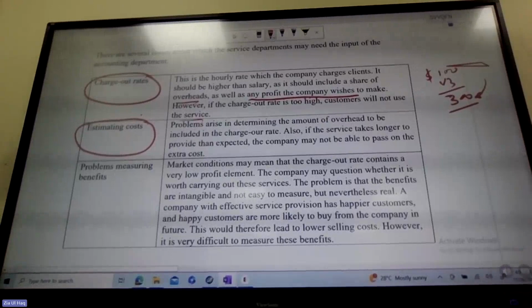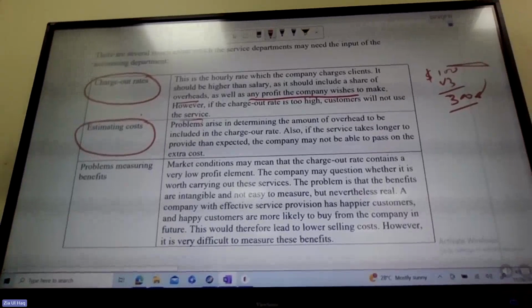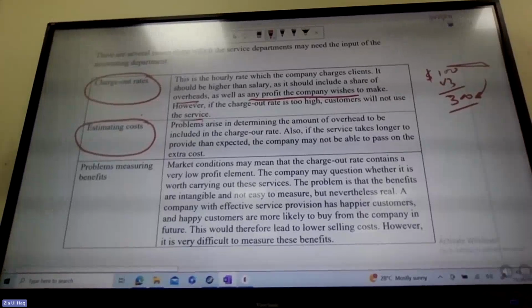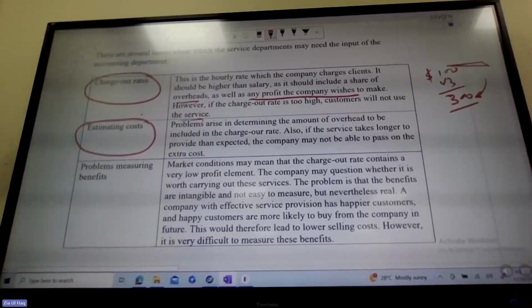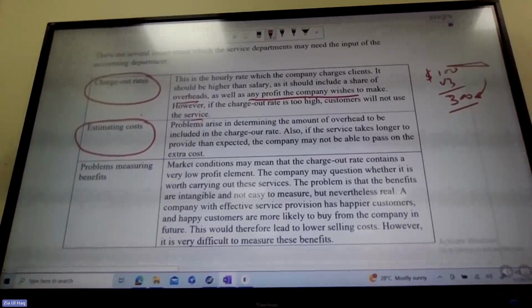Then the accounting department, according to those hours obtained from the service provider, can calculate the estimated cost. So to calculate the cost of the services, the accounting department and service provider need to communicate with each other, because the service provider can provide information about the hours worked.